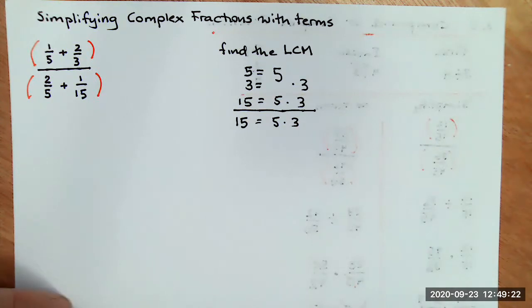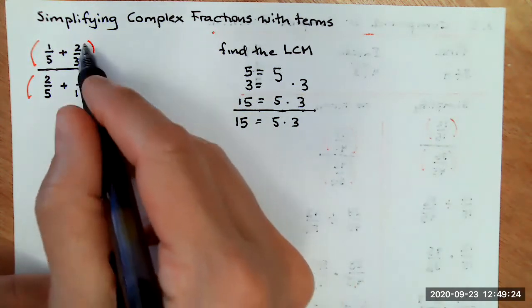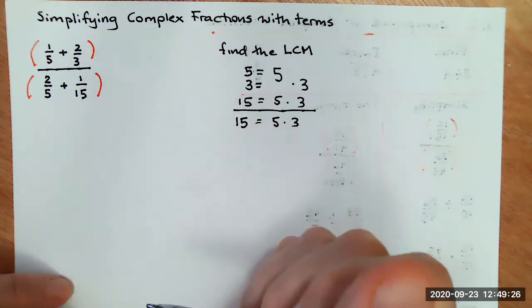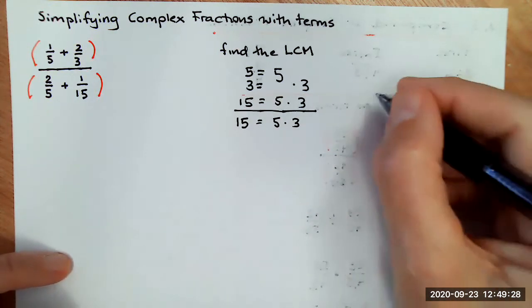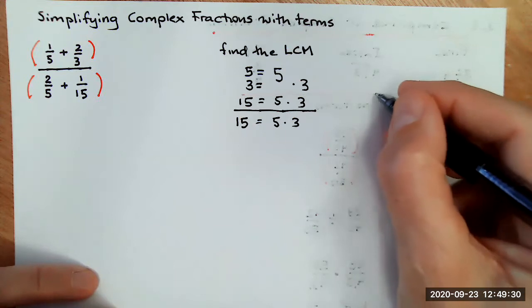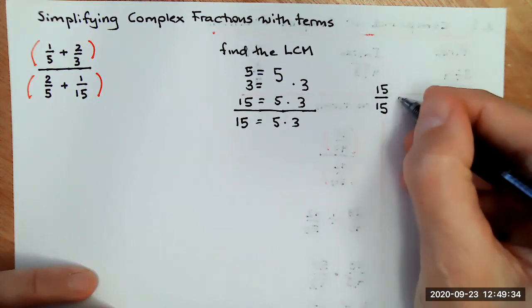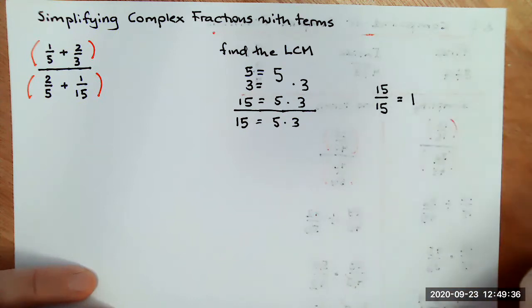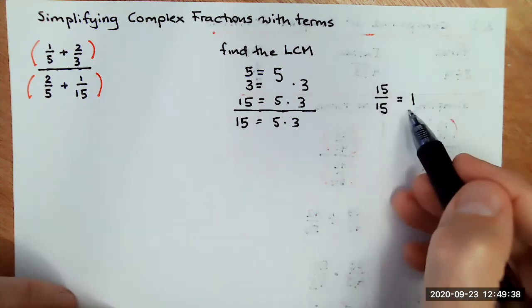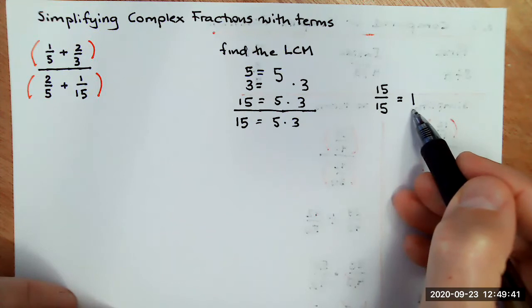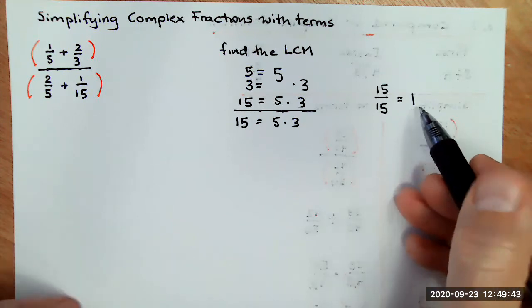And then we're going to multiply this entire fraction by a fraction that's equal to 1. And remember from before, if you have a fraction where the numerator and the denominator are the same, then that's equal to 1. And that's important because if we multiply any number by 1, it's the same number.